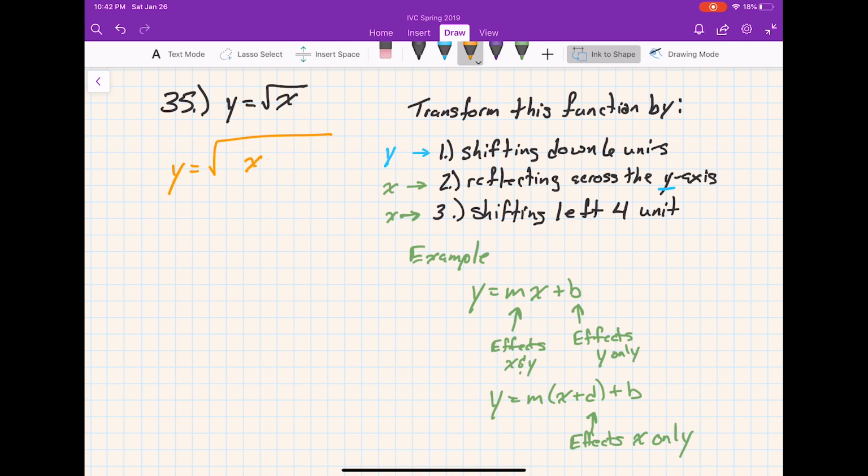So I'll put our x and our original function here in orange. Now I'll do the y part first, this blue here. We want to shift it down 6 units, so I want to put it in that b section, outside of what's going on with the x. So it's not under the radical. That's why I'm putting that here.